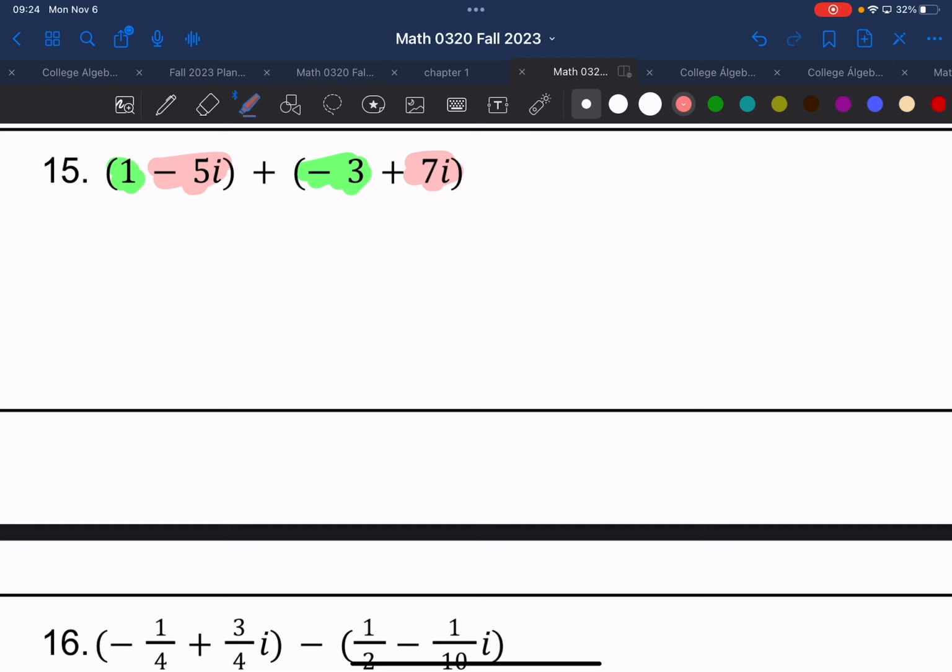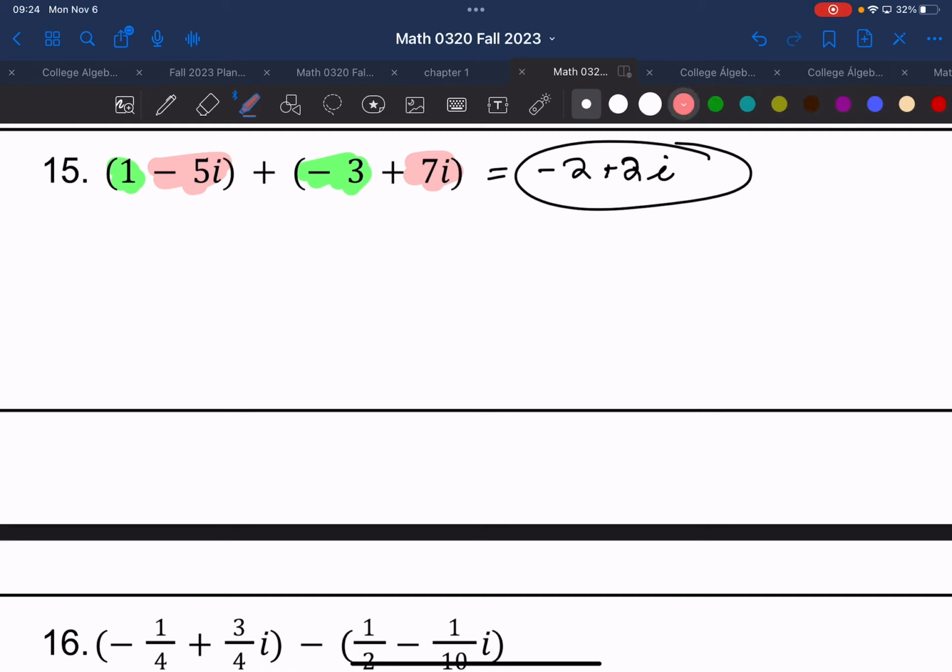Okay, which means we are only adding those corresponding values. So our answer is going to be 1 plus -3, which is -2, and -5i plus 7i, which is positive 2i. That's our answer.